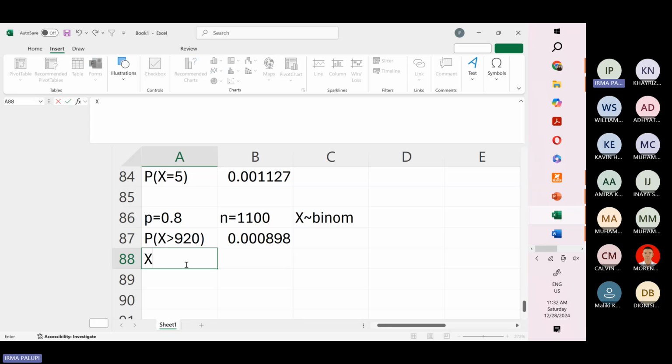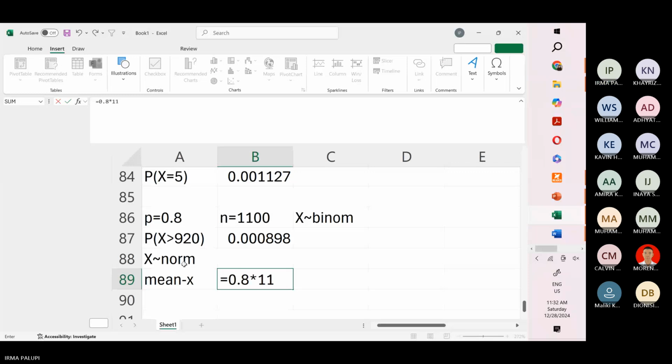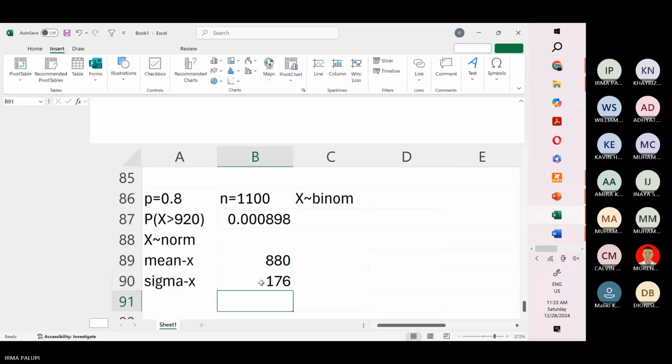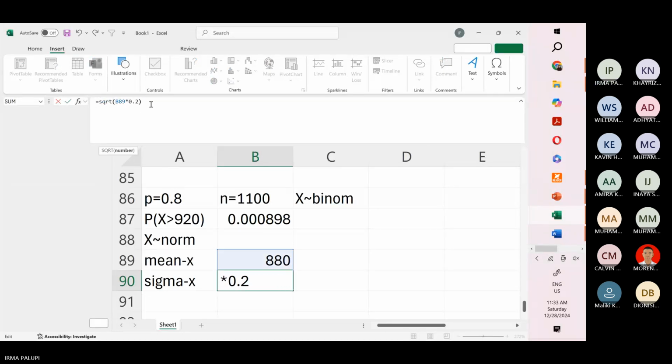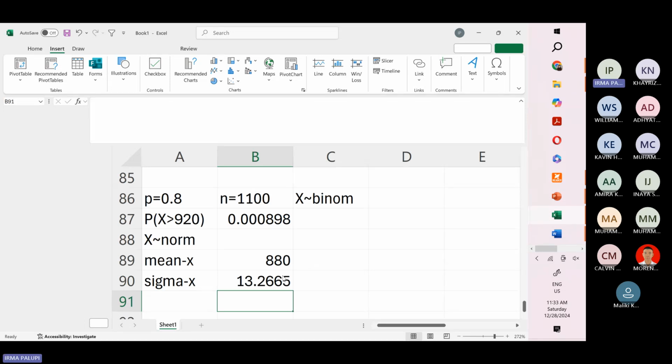But we can assume X is normal, by calculating the mean of X equal to NP, so this is 0.8 times the number of trials, and the variance. Okay, so we get this one, and this is the correct answer here.